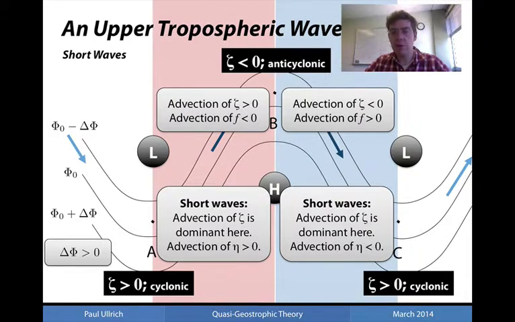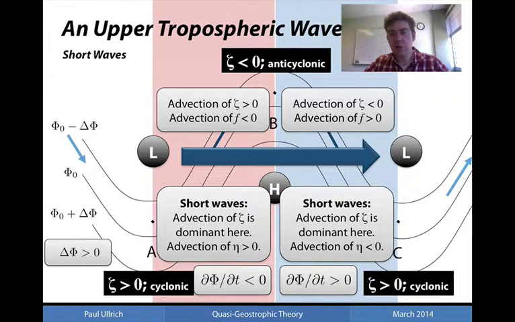For short waves, recall that we're going to observe an eastward tendency associated with this wave. This is mirrored similarly in the blue region, where we have negative advection of relative vorticity and positive advection of planetary vorticity. So for short waves, we then have that advection of relative vorticity is dominant, and so advection of absolute vorticity is negative. So this corresponds then to eastward propagating waves.